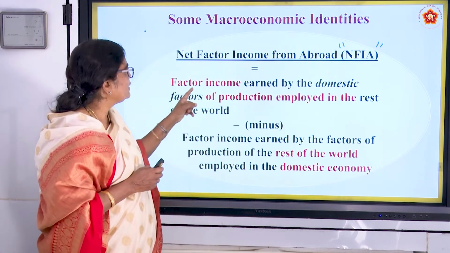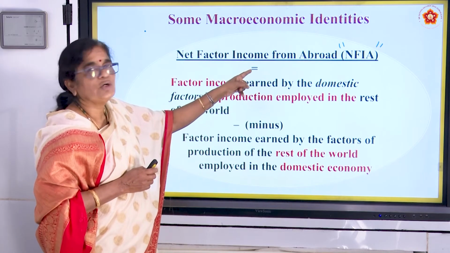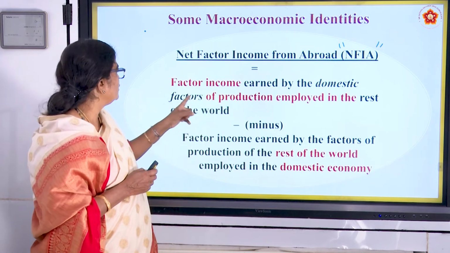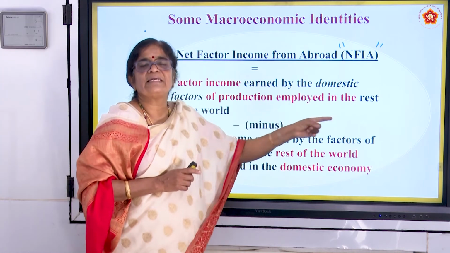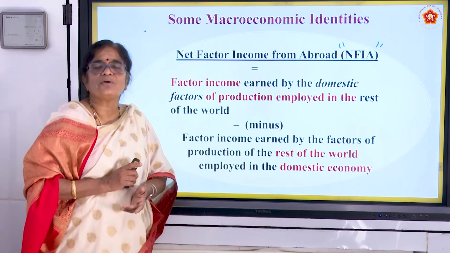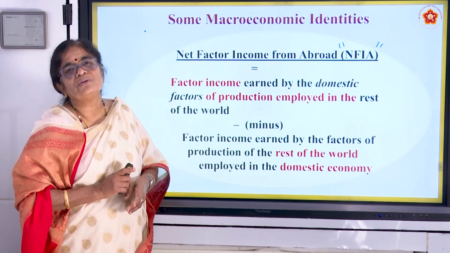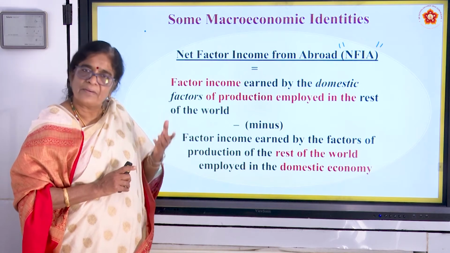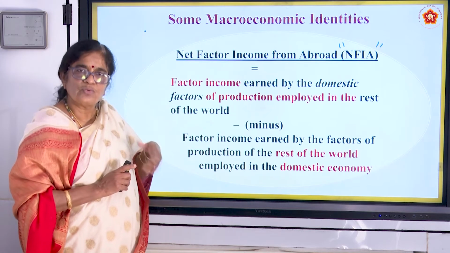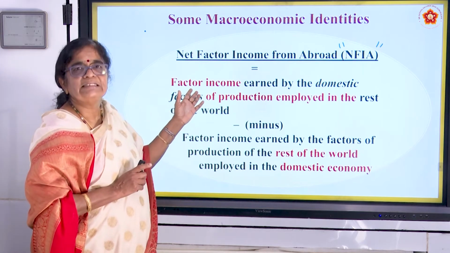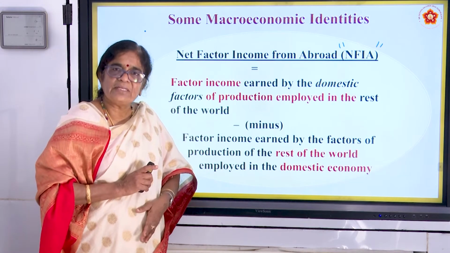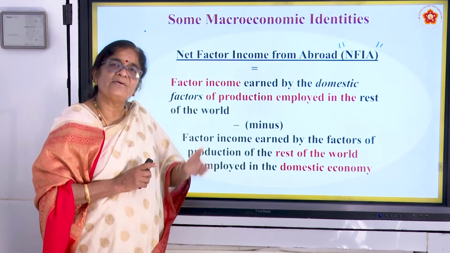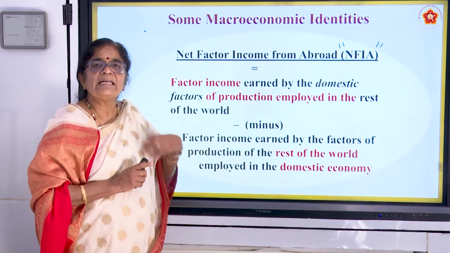What is that? It is equal to factor income earned by the domestic factors of production employed in the rest of the world, that is, Indian citizens working abroad and sending their income, profit and income earned in foreign countries to India, which is included in Indian GDP, minus foreigners working in India who own the factors of production and earn the profit.